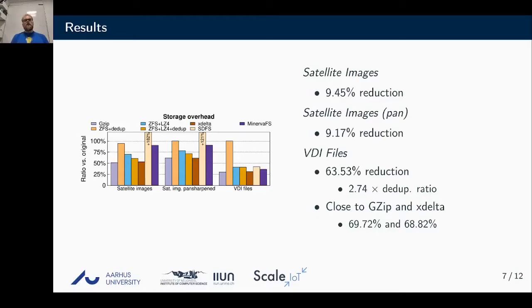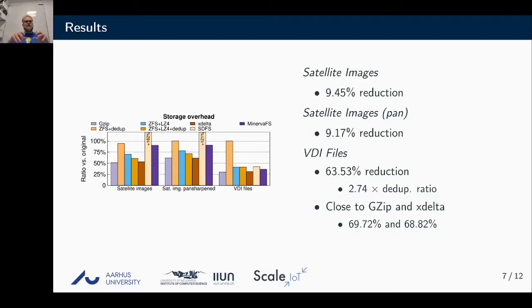This makes the result for VDI files from MinervaFS even more impressive, because we actually provide a compression that is close to what gzip and xdelta provide, with 69.72% and 68.82% respectively.